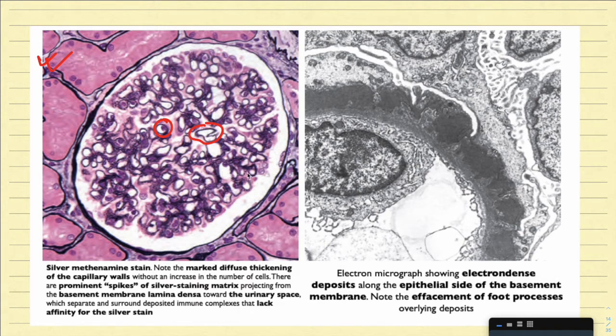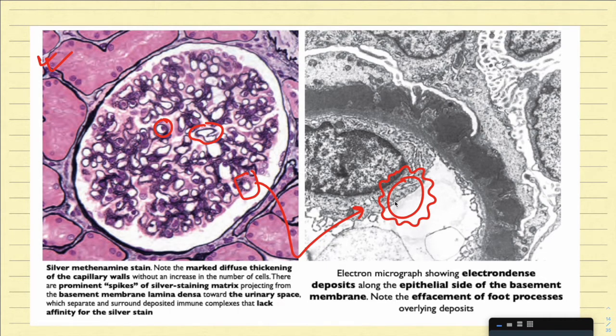If you zoom in on your phone and look around the glomerular basement membrane, this is the GBM, and you can see star shaped spiky deposits over here. This is very important. These are the prominent spikes of the silver staining matrix.